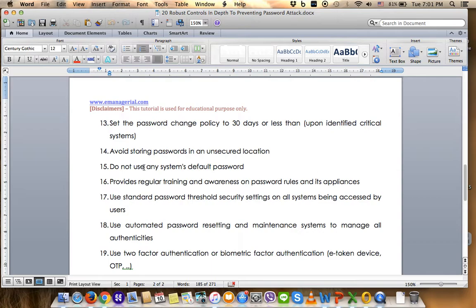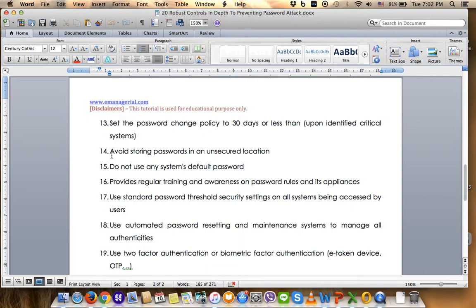Sometimes they allow the password to expire after 120 days or 90 days, which is too long. So we need to reduce the interval of password expiry.